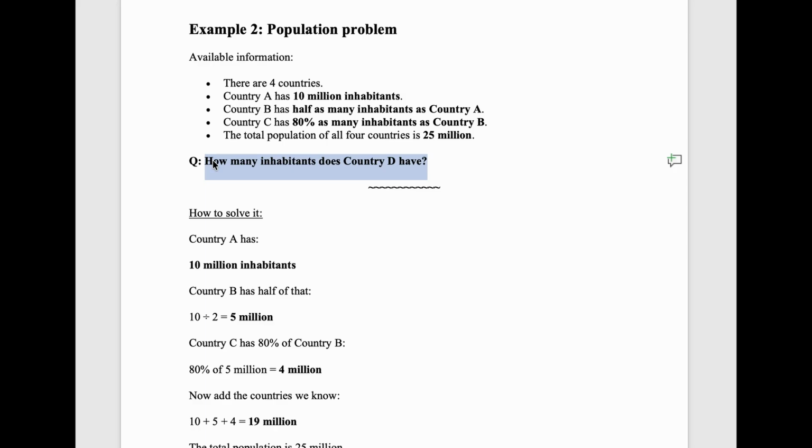How many inhabitants does country D have? So there are four countries, I should have said beforehand. You have information about three countries and information about the total population of all four countries. I think this type of question is relatively easy to solve.